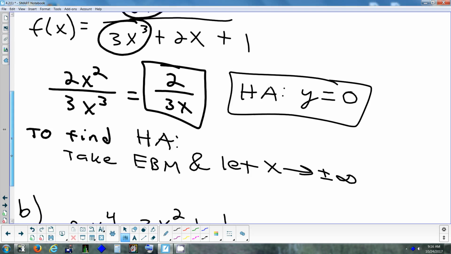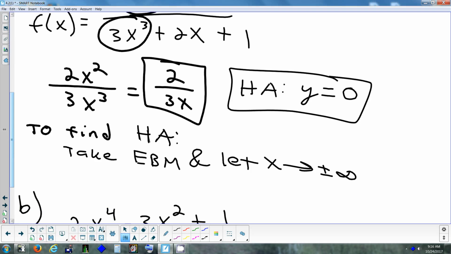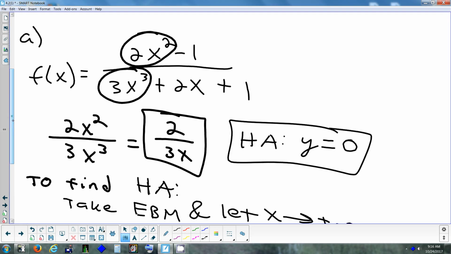Just with the exponents, when you're finding the end behavior model, why do you get rid of it? Like you're dividing the x squared by x cubed, you just end up with x in the bottom. Why? If you had 2x squared divided by 3x cubed, everywhere you have the same thing in the top and bottom, you can cancel it.